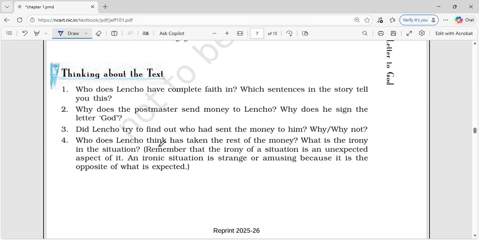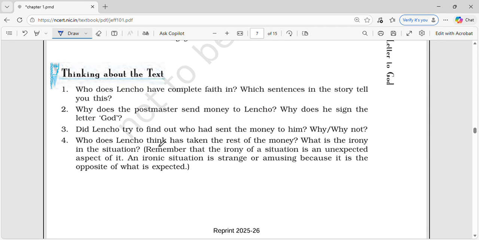Next question. Why does Lencho think the post office employees have taken the rest of the money, and what was the irony of the situation? Remember that the irony of a situation is an unexpected aspect to it. Basically जब Lencho को पैसे मिल गए, so he asked for 100, right? So he only got 70 pesos, right?